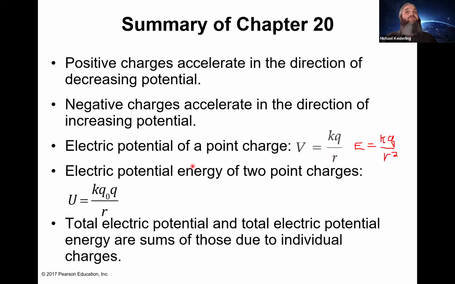The electric potential energy of 2 point charges, U, is K Q naught Q over R. And the total electric potential and total electric potential energies are sums due to the individual charges because they're not vectors, they're just scalars.